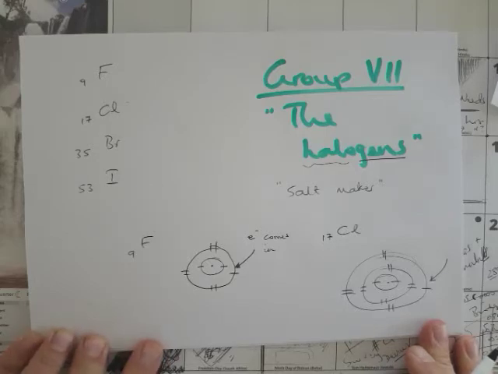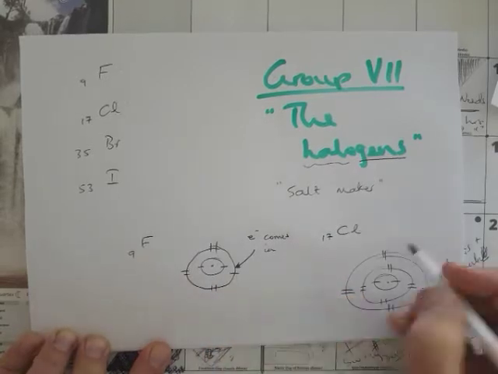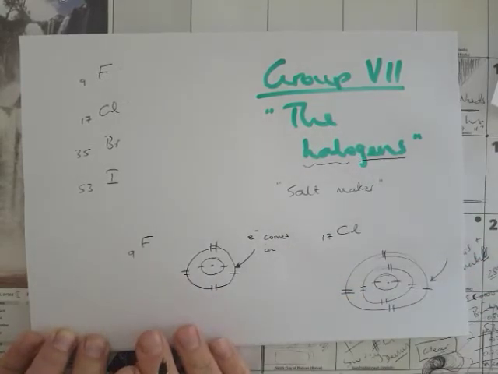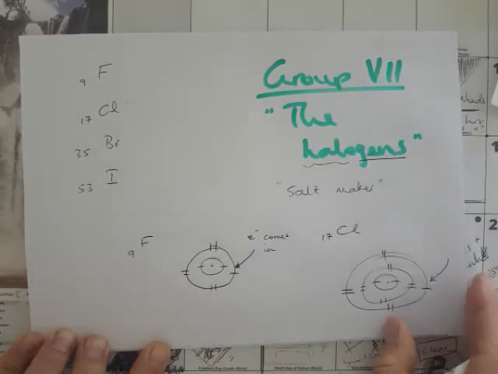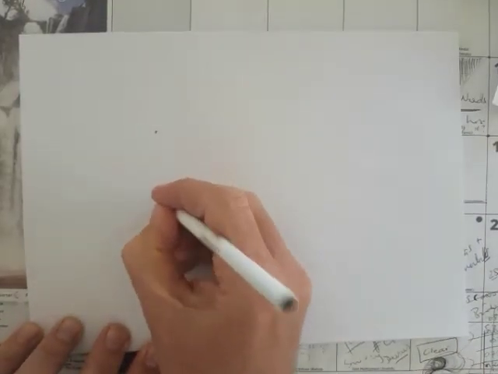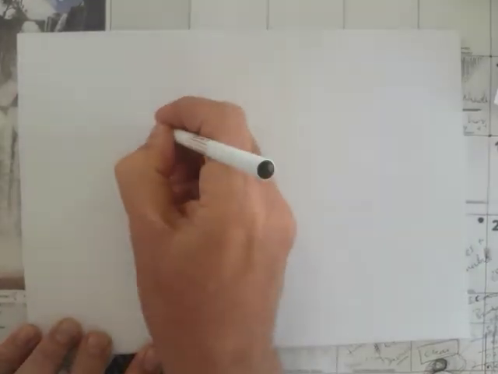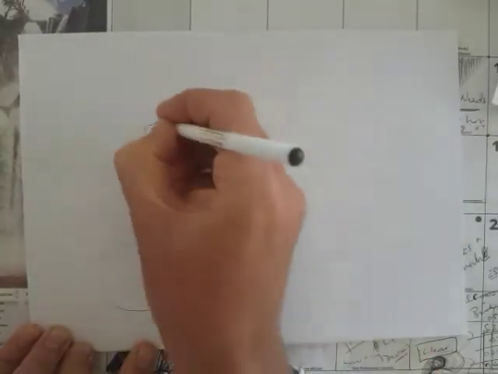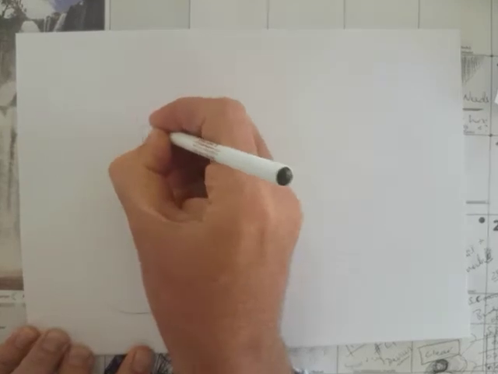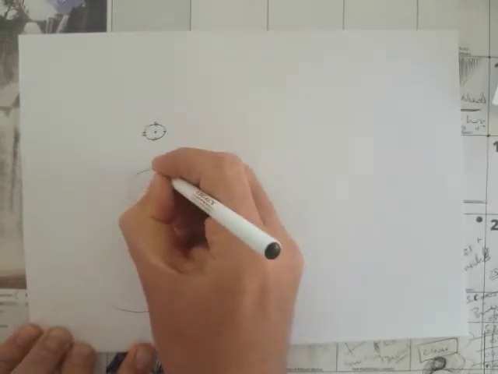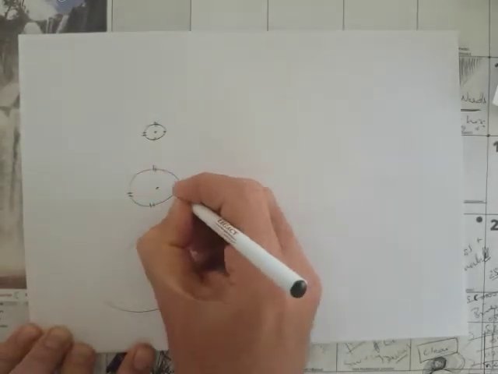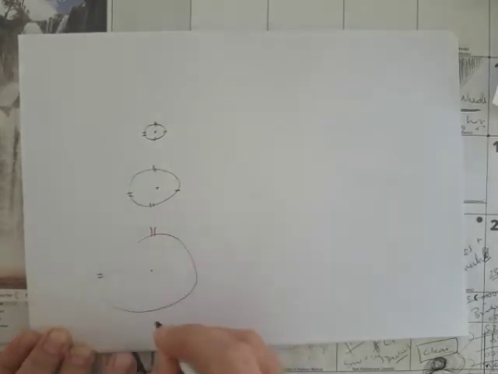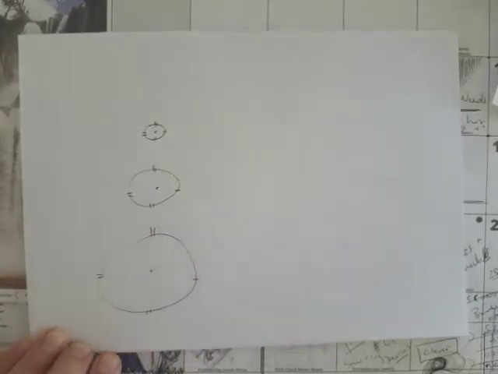So now let's think a little bit, which one is going to attract electrons better? Maybe I just draw a couple of these. Okay, all I'm going to draw is the outer shell. So for fluorine, chlorine, I'm just drawing the outer shell, the so-called valence shell. These are valence electrons.